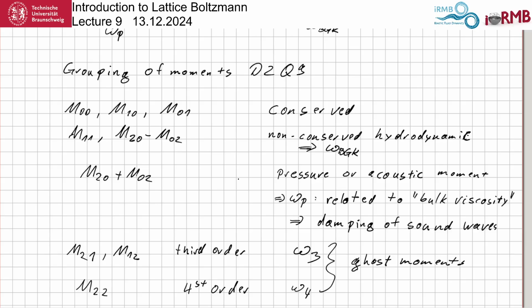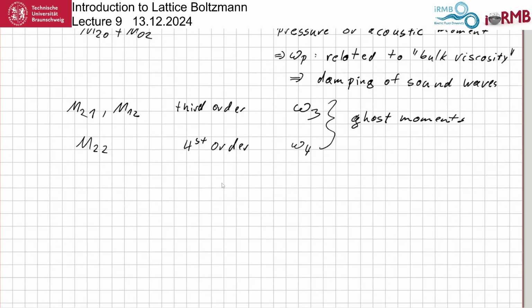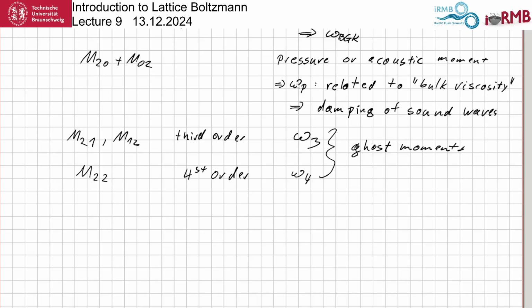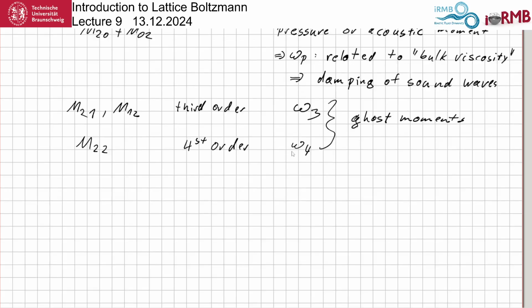So one idea in order for stability is that by choosing omega p at a value that is independent of viscosity, we can suppress pressure waves. And there's a strong assumption that pressure waves are the reason that Lattice Boltzmann BGK becomes unstable.